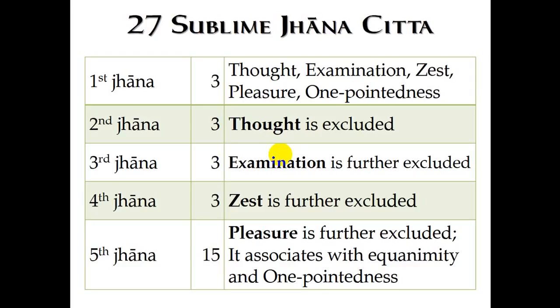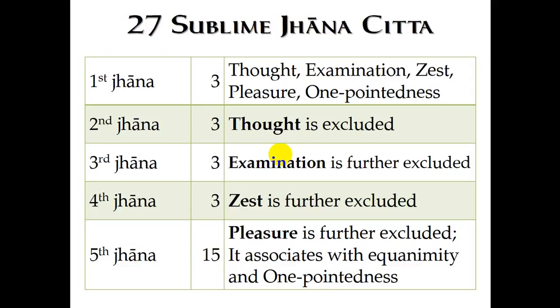So actually, we have learned all these. When you go to the 4th jhana, zest is further excluded. So actually, in the 4th jhana we have only pleasure and one-pointedness, right? So before we learn association, we have to know all these, right? Then in the 5th jhana, pleasure is further excluded, right?